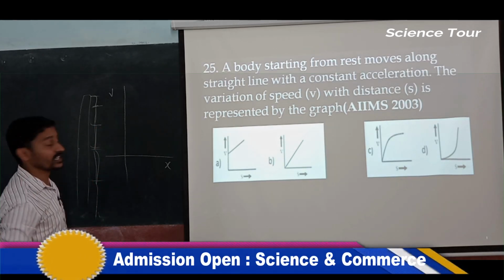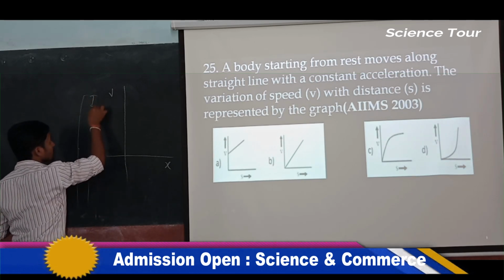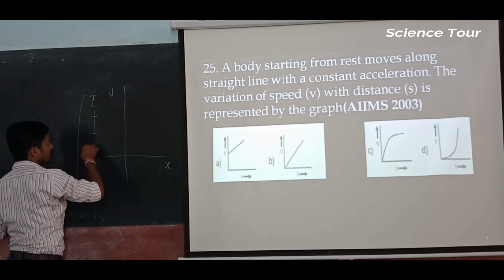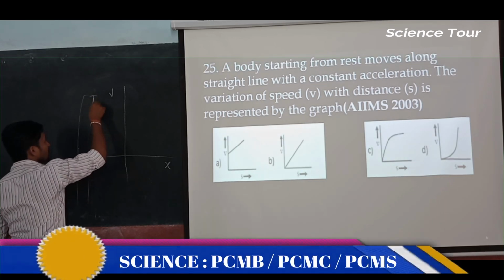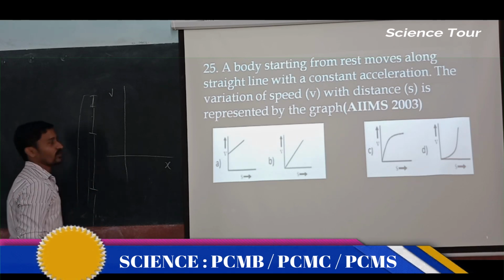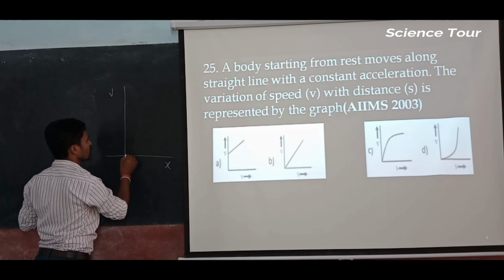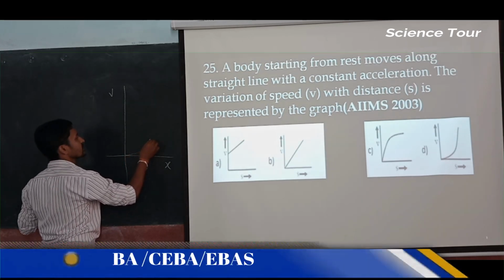We have studied that in the nth second. It is not like in the first second the same distance, second second the same distance, third second the same distance. For the freely falling body, first it is less, next it is more, next it is large, next it is very large. So velocity increases and displacement also increases.